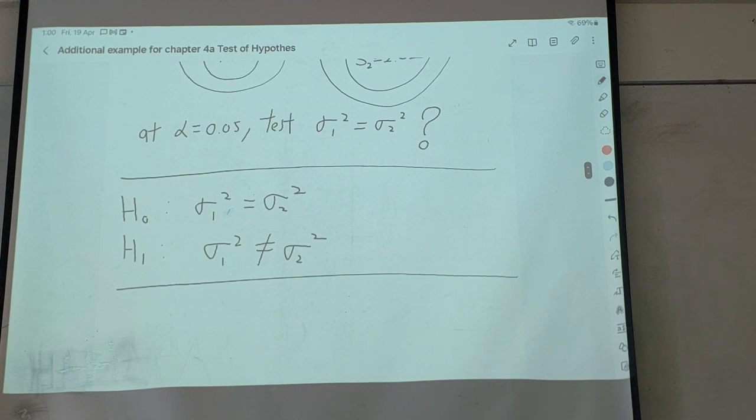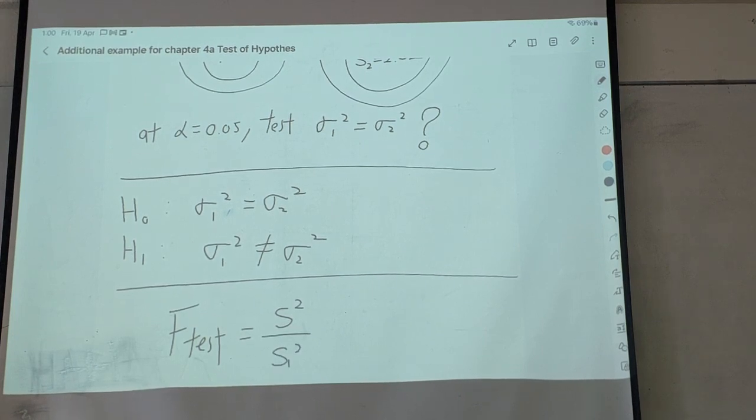So for the test statistic, which test do we need to use? F. Okay, F test. What is F test? Degree. Fair enough.